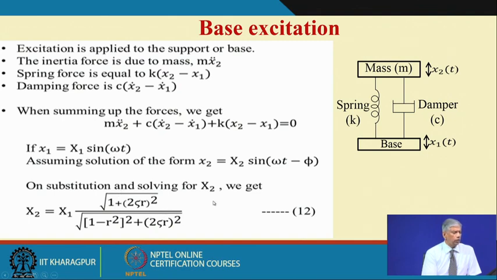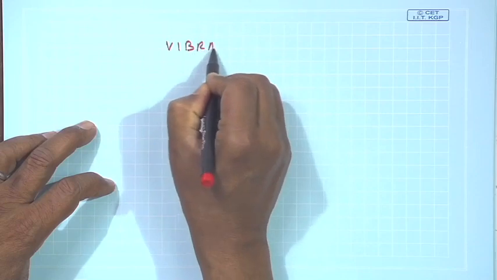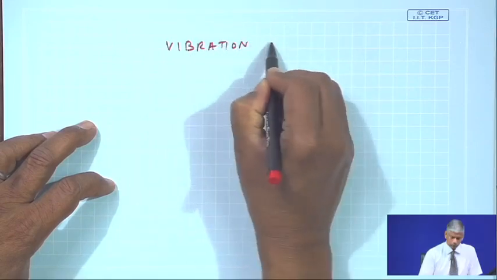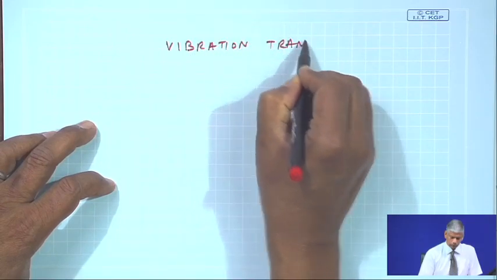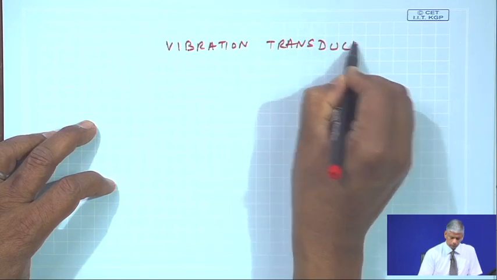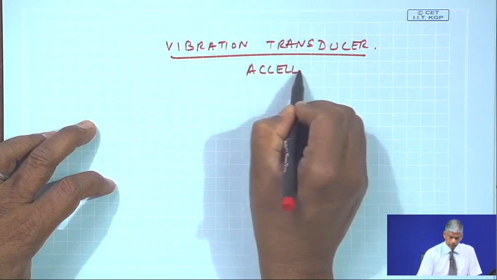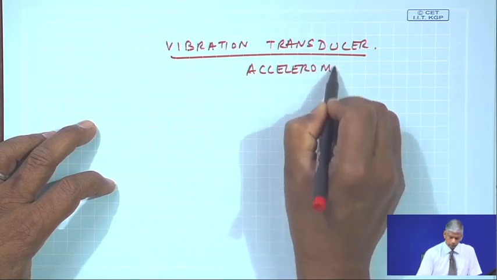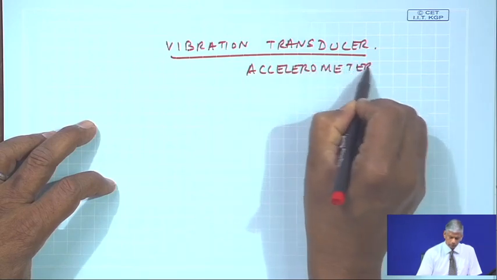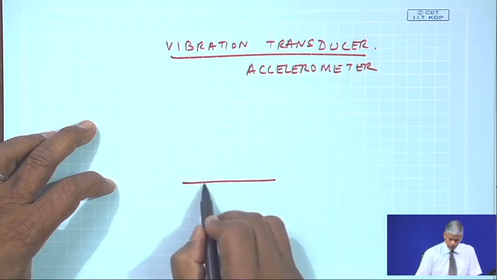And this is the equation behind the basics of a vibration transducer, like an accelerometer. So, there is some motion in the base.